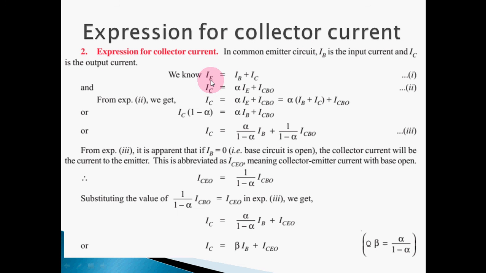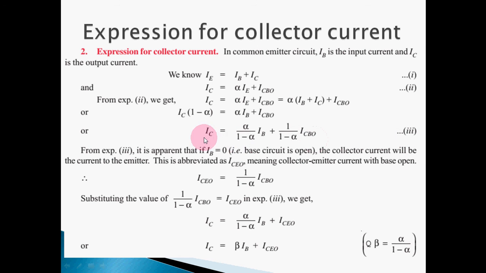So we can say that IE equals IB plus IC. This part is derived from the common base configuration, up to IC equals alpha divided by 1 minus alpha times IB plus ICBO. Up to equation 3, it is derived from the common base configuration. So now we start just after equation 3 for the common emitter configuration.